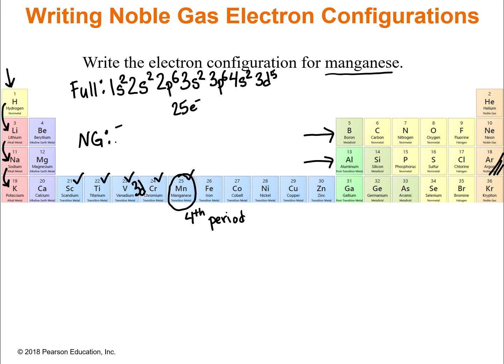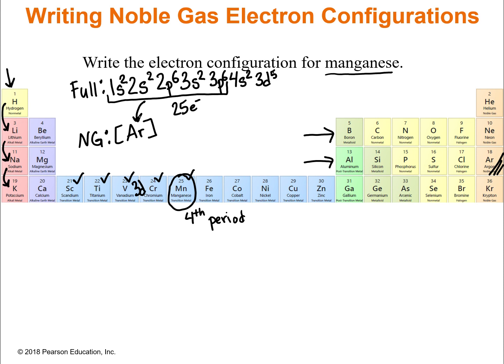What if I just wrote argon in brackets? That would take the place of everything up through the 3p6, because that is the configuration for argon.